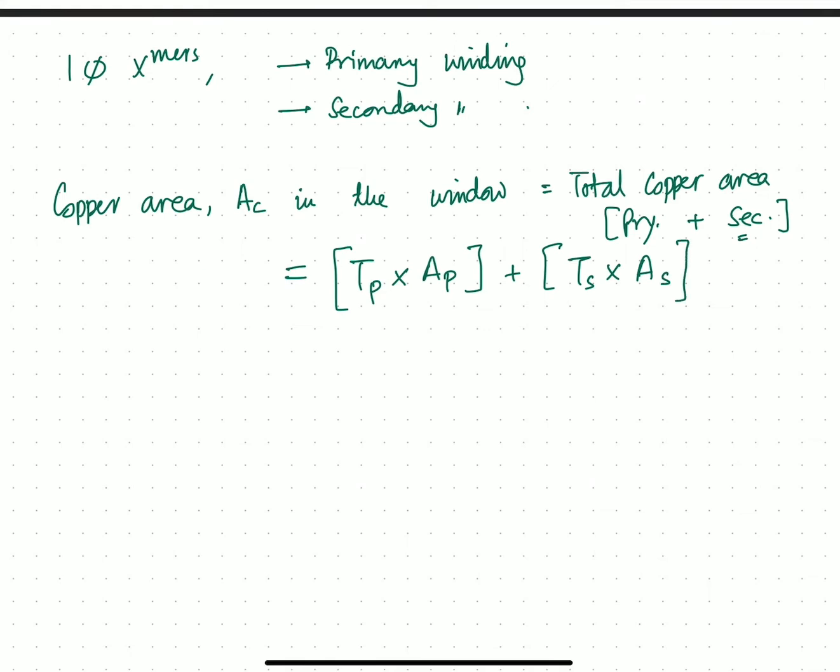So AC comes out to be TP AP plus TS AS, right?